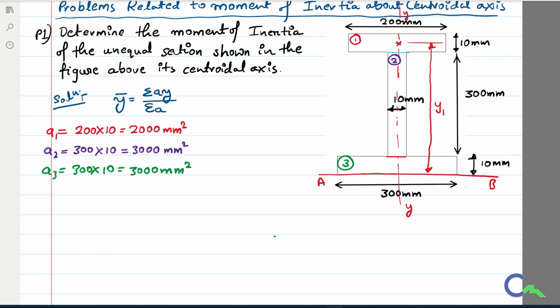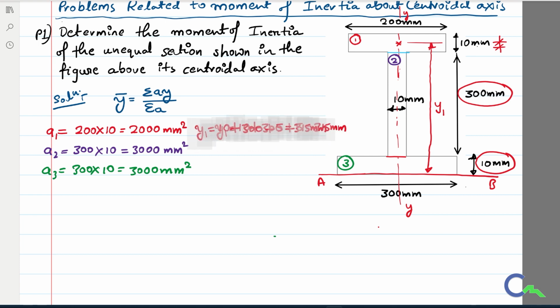So y1 distance is nothing but 10 mm plus 300 mm plus, for the last figure, 10 by 2, I can say 5 mm. So totally it is 315 mm.